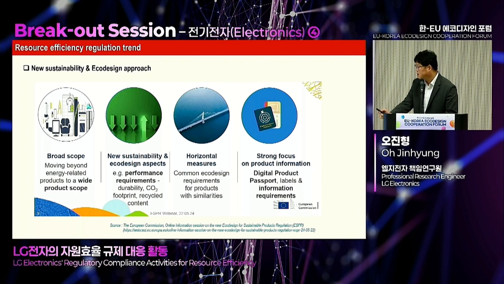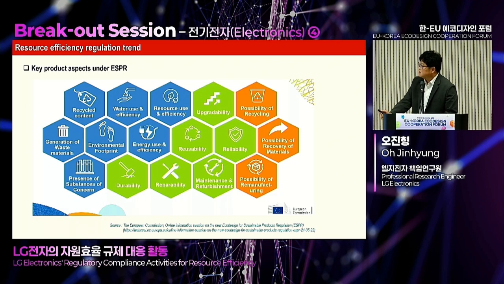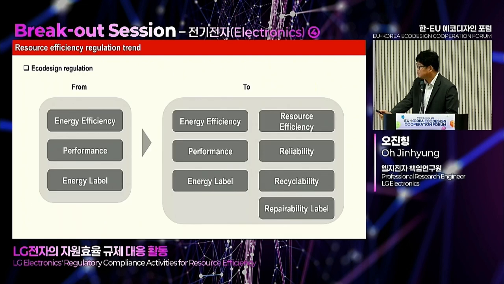Quantitative data disclosure and transparency is becoming more important in terms of DPP. There are 18 key product aspects regarding ESPR, out of which 13 items are related to resource efficiency. So the overall direction is going toward resource efficiency.